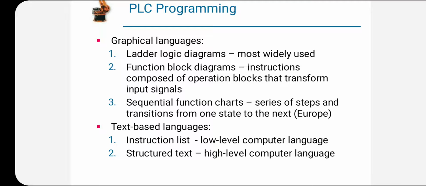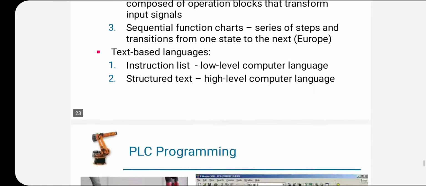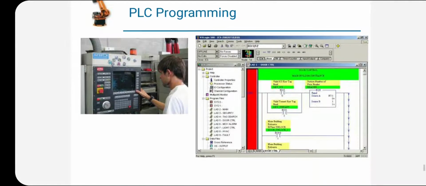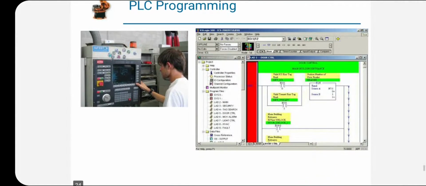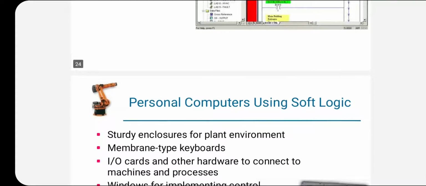Some text-based languages are also used in PLC programming, such as instruction list, a low-level computer language that is not understood by all, as it is not a higher level language. And structured text, a high-level computer language. So these are different types of PLC programming. We will discuss them in detail next.